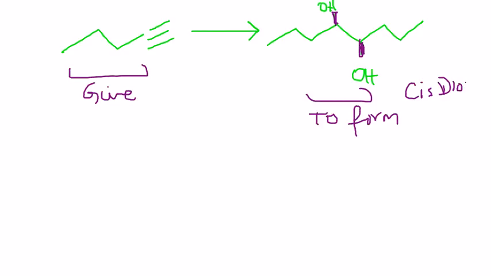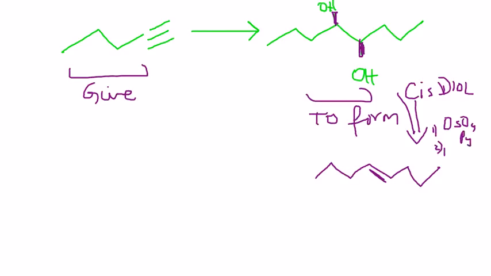So you should be thinking right now, what are my ways to get a cis-diol? Well, first things first, in order to get a cis-diol, you need a double bond. And then you know that if you treat that with osmium tetroxide, pyridine, followed by sodium bisulfite and water, that should give you the desired product.